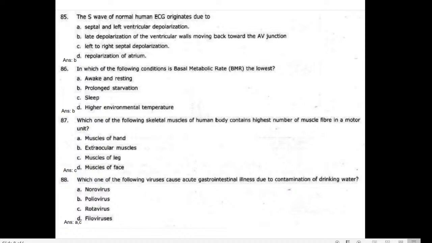Filovirus is more dangerous than the coronavirus. It is a painful infection that causes severe hemorrhagic fever.